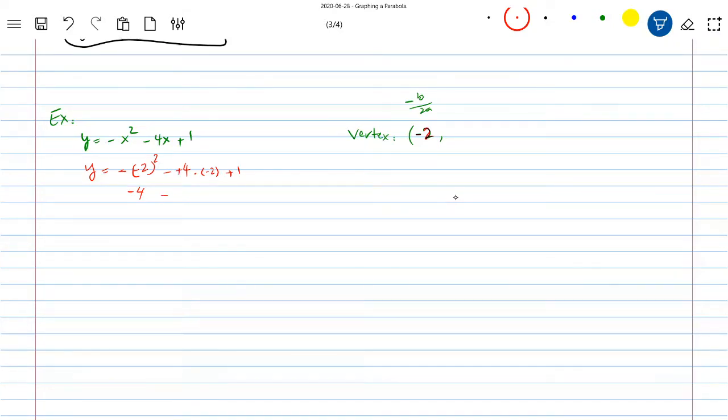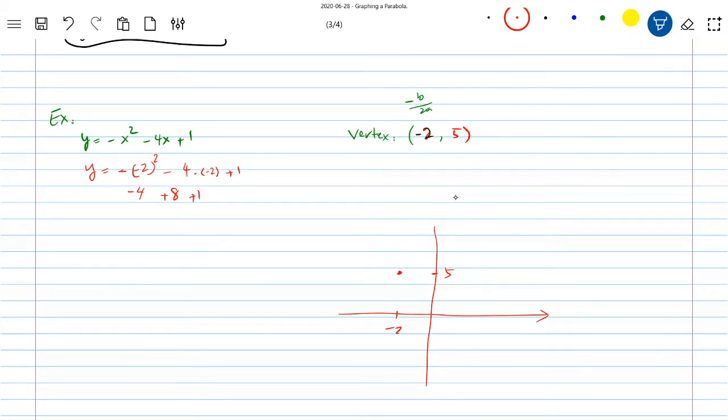Okay, this is plus, sorry. There you go. Plus 8 plus 1. And that turns out to be 5. So the vertex is at -2 and 5.